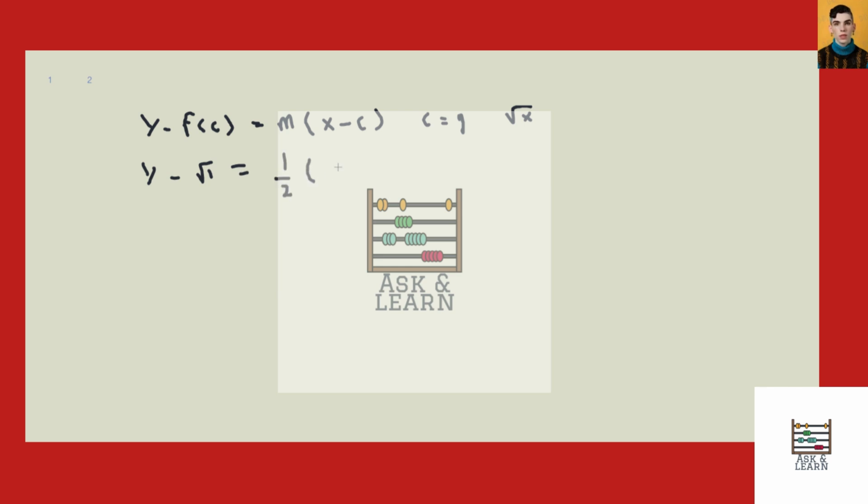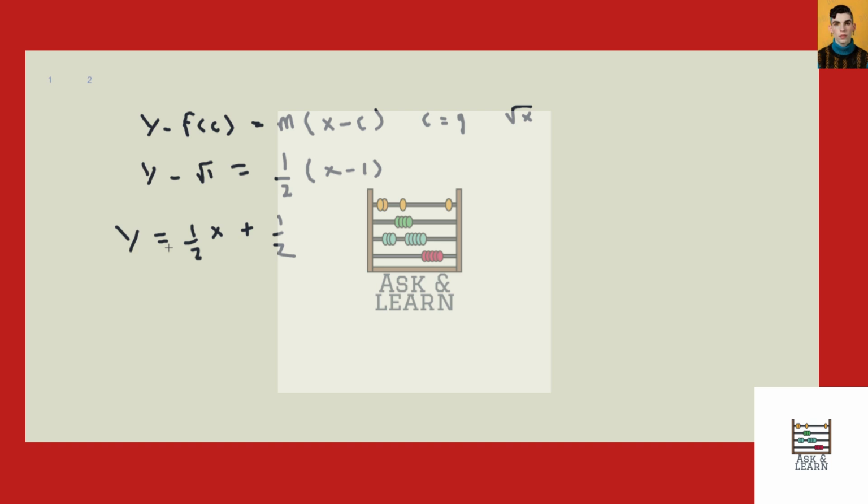And since our c is 1, we can also write x minus 1. And then we can rearrange this equation, and it will give us y equals 1/2 x plus 1/2. So this is the equation for the tangent line on the graph.